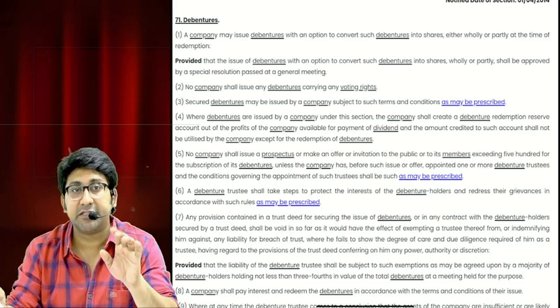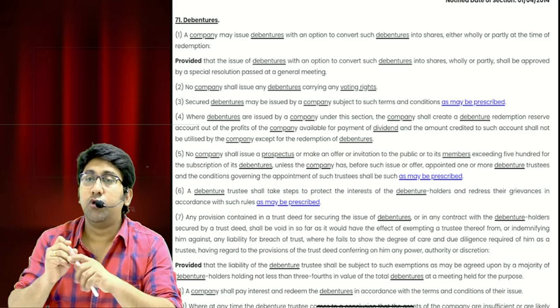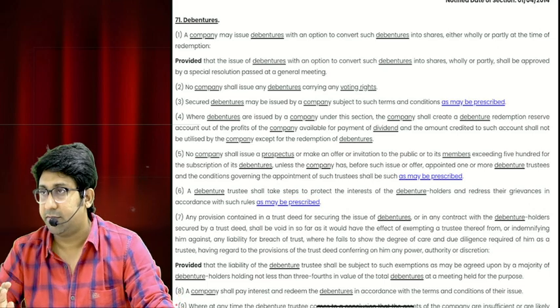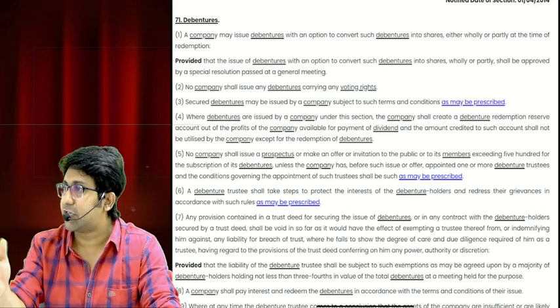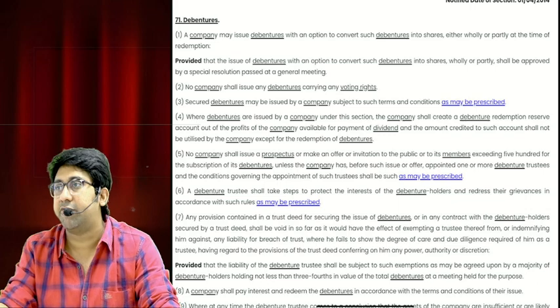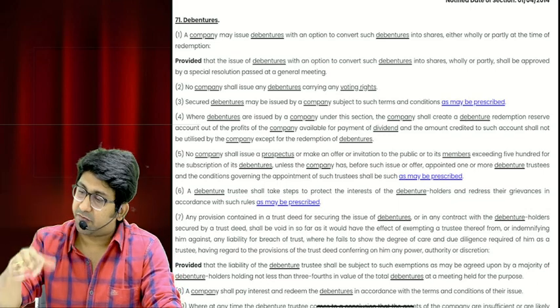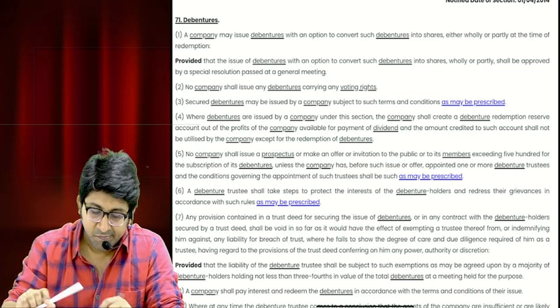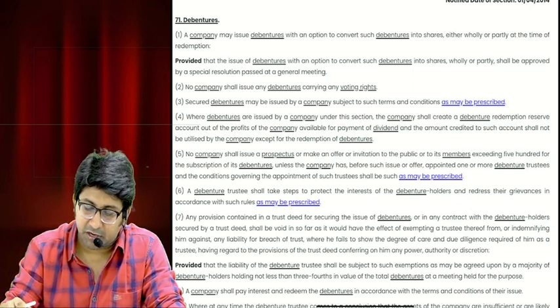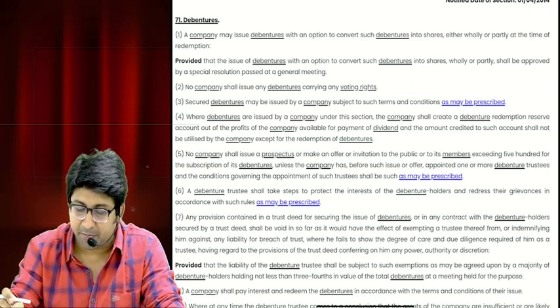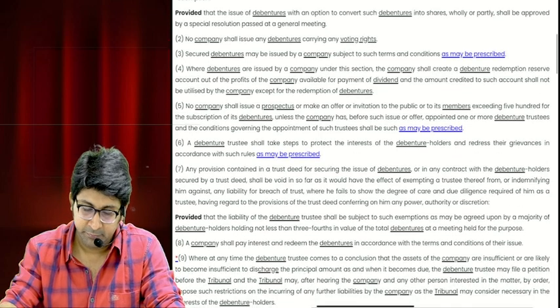Yes, convertible debentures can be issued. You will be given a choice of conversion. If you want, you can convert into equity whenever you want, but there will be a time frame given. After that, you can start converting. A company may issue debentures with an option to convert such debentures into shares, either wholly or partly, at the time of redemption.